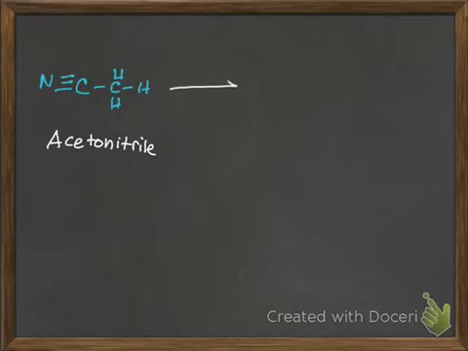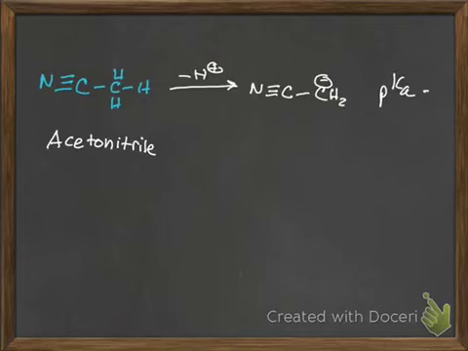Well, if you lose the proton off of this, what you wind up with is this. And that has a pKa of about 25. Now, you might be looking at that and saying, Dr. Weigel, there is no opportunity for resonance for that anion. To which I say, pshaw, yes there is. And it would look like this.